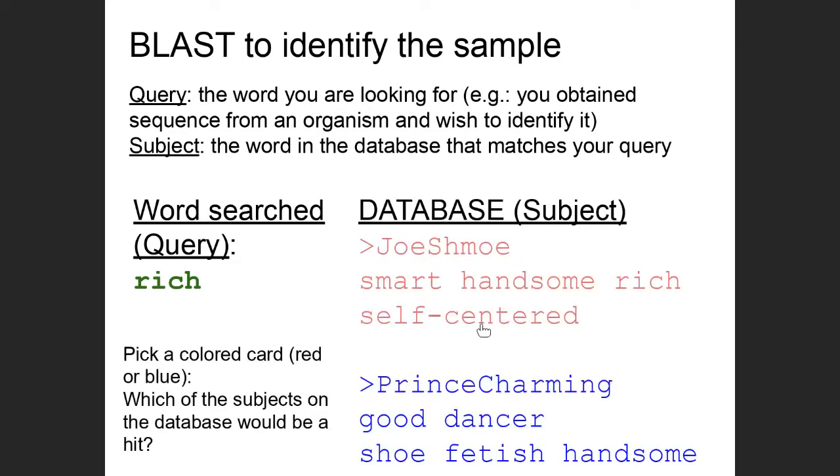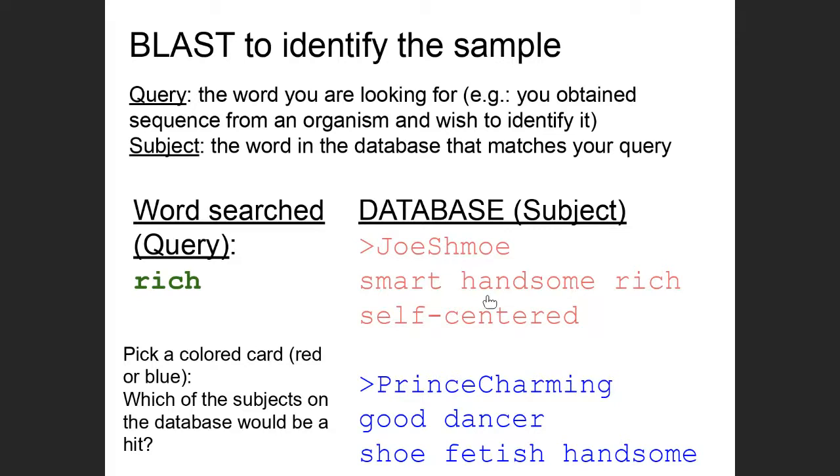And then these are two hits. The database will call these hits, or in the alignment it will show as query rich, and then subject. There's going to be this, which is in FASTA format. You know, there's Joe Schmo.